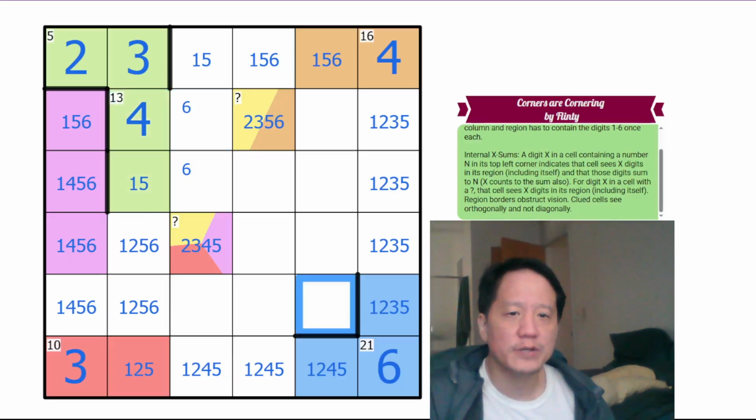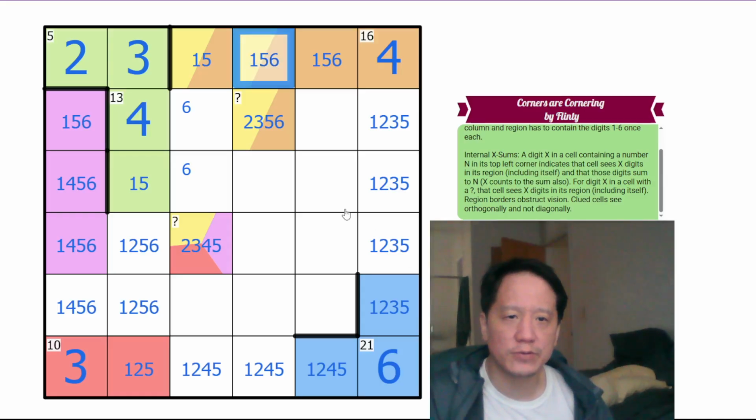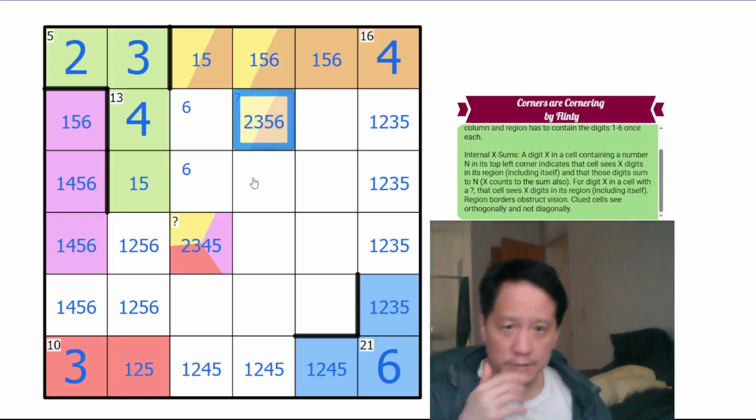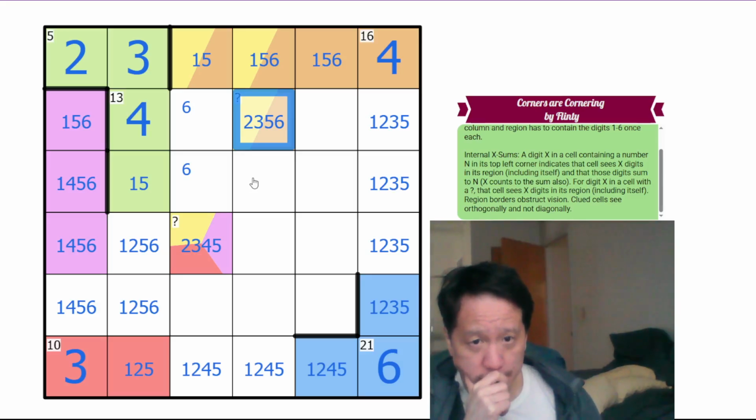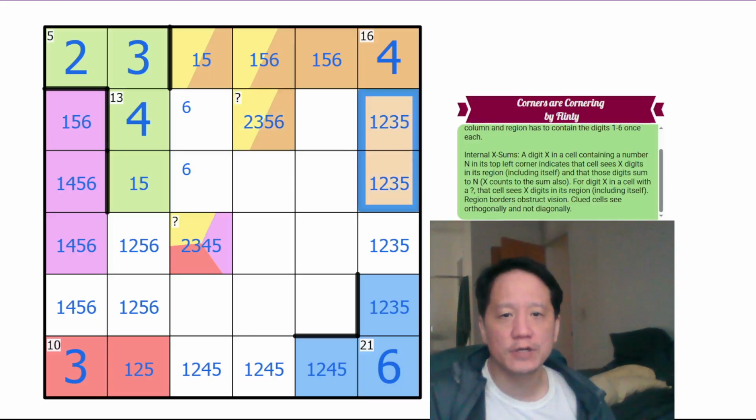This cell cannot be pink, cannot be red, cannot be blue. So this has to be yellow or orange. Same with this, I guess. Yellow or orange. So orange can only go up to here.